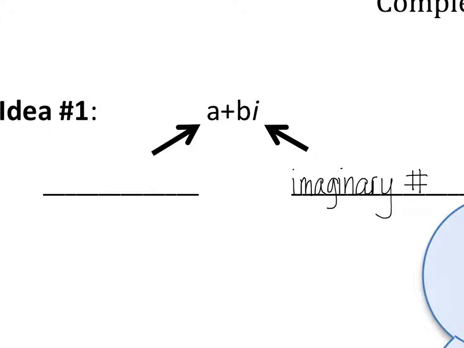And we'll learn in a minute a little more about that. But complex numbers have real numbers in front and then an imaginary number added to it, or subtracted, either way.